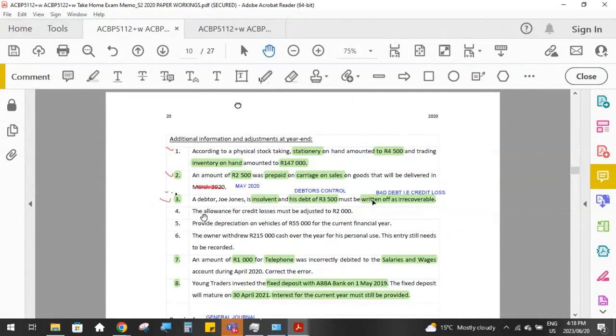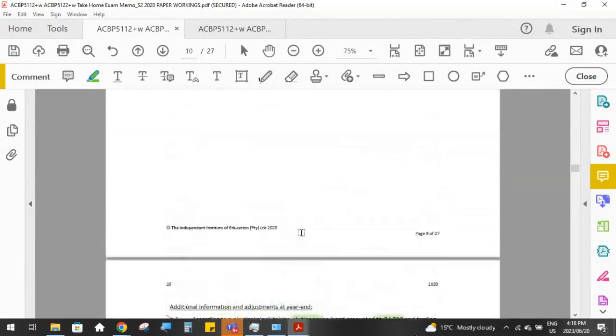Then the next thing is the allowance for credit losses must be adjusted to 2,000. So don't get muddled up between the expense account credit losses and the negative asset account allowance for credit losses. The carrying balance of our allowance for credit losses must be 2,000.